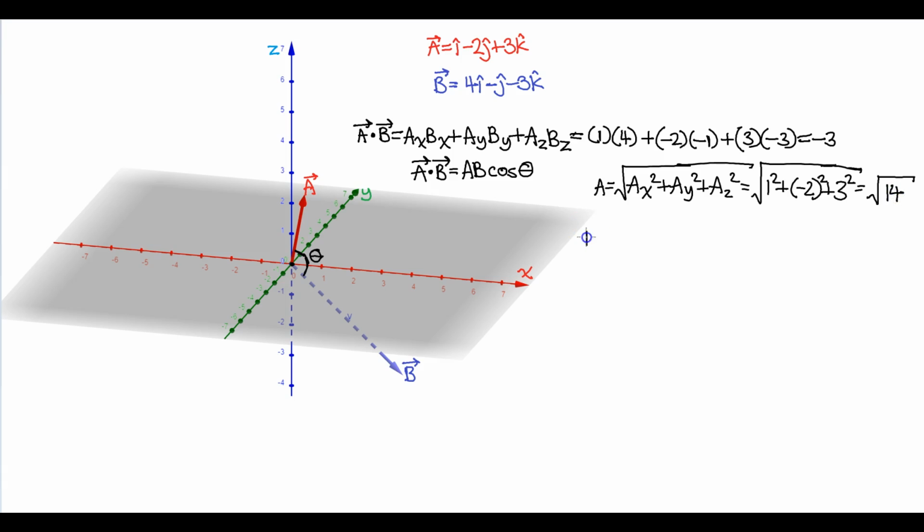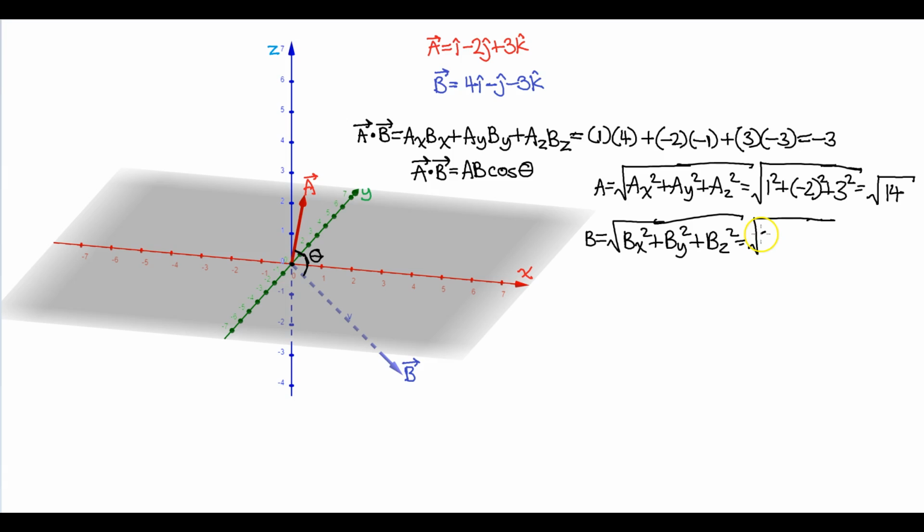Similarly, we can find the magnitude of vector B by squaring each of the components, adding them, and then taking the square root of that sum. The square root of BX squared plus BY squared plus BZ squared.